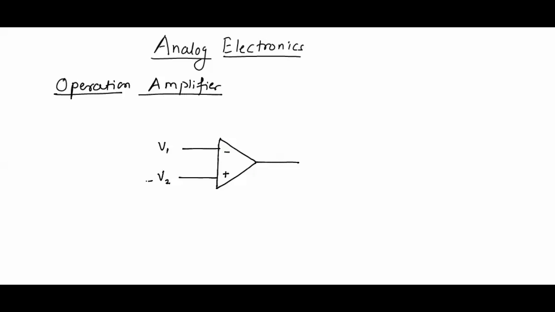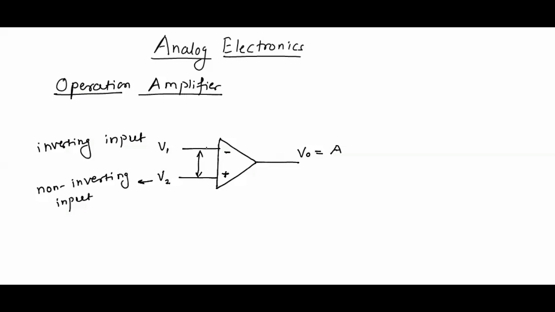It basically has two inputs, one represented with positive sign known as non-inverting input, while the other input represented with negative sign known as inverting input, and has an output terminal where a voltage is generated which is an amplified version of the difference in the voltages applied at the input, which is equal to AOL, called the open loop gain of the amplifier, multiplied with the difference in the input voltages.